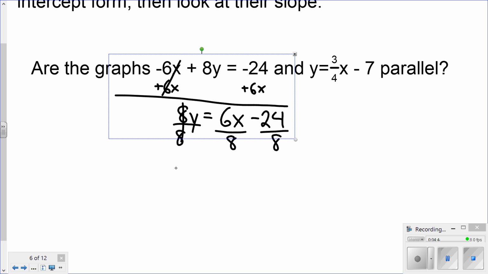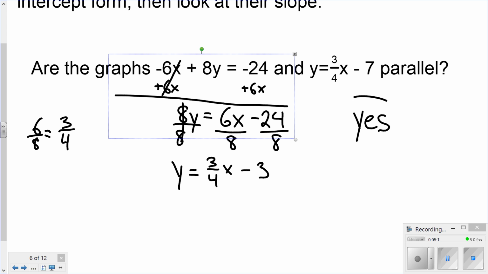Those cancel out, and I'm left with y equals 6/8 x. Remember, we always reduce our slopes. This can reduce to 3/4. So I get y equals 3/4 x minus, 24 divided by 8 is 3. So I have y equals 3/4 x minus 3, and y equals 3/4 x minus 7. They have the same slope, different intercepts. Yes, they are parallel.